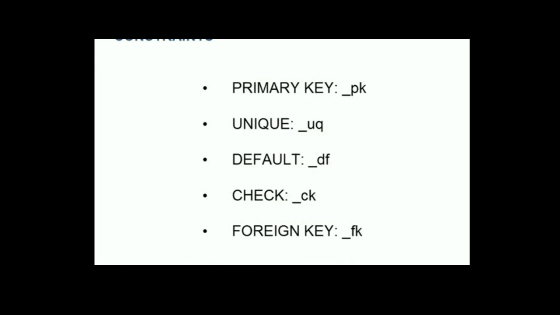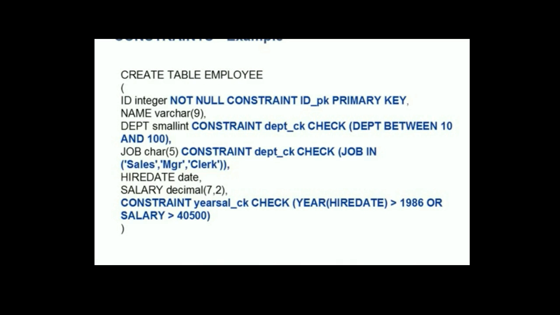The following example shows a table definition with several check constraints and a primary key defined. Create table employee, ID integer, not null constraint, ID pk primary key, name varchar of 9, department smallint constraint department ck, check, department between 10 and 100, and so on.